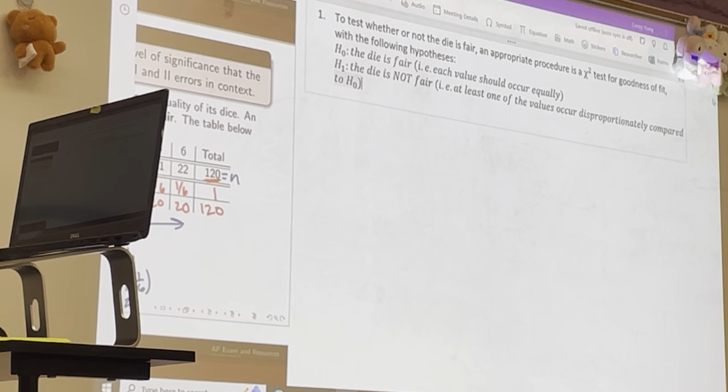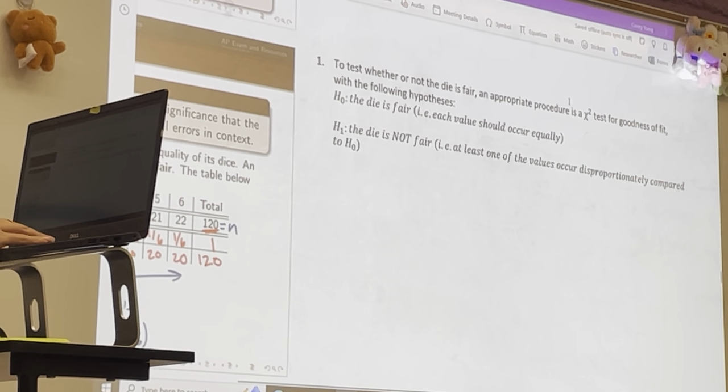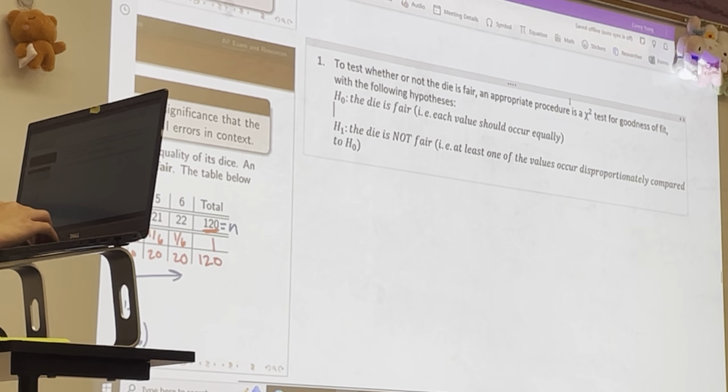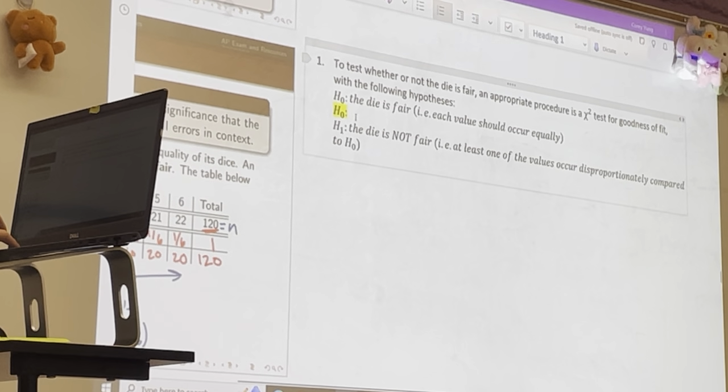Now, some of you guys might prefer to write your null hypothesis like this. I'm just going to make a small digression if I can. Okay? So it's also acceptable to write your null hypothesis like this, and I'll highlight it in yellow just so that we are clear that this is just an optional way to write it.